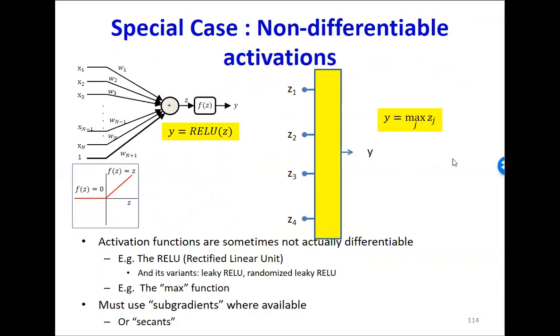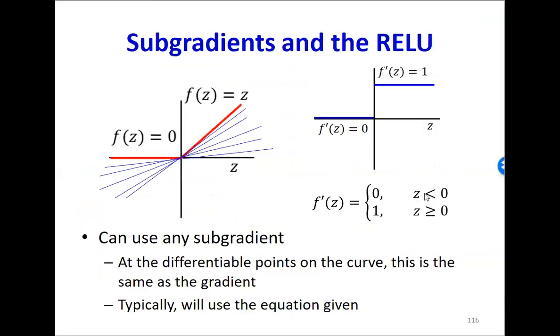So for the ReLU, you can use any slope between 0 and 1 for f prime of z, and it will work. In the homework, we just use the largest value because you had to pick, that's all. Now, there's another function. Did that make sense to you guys?